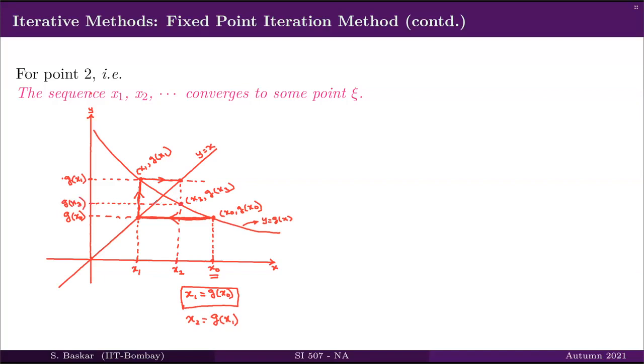So that will give you x4. So x3 is given by g of x2, and graphically you obtained x3 by first coming from x2 to g of x2, and you caught hold of this point, which is x3 comma g of x3, and from there you go along the line y equal to g of x3 and get the point x4.